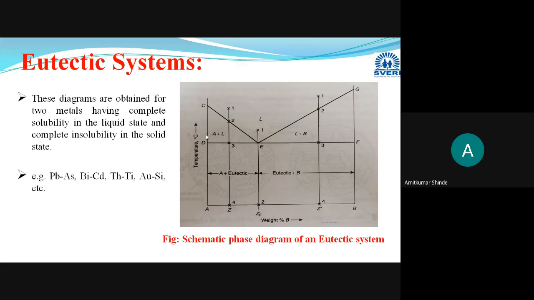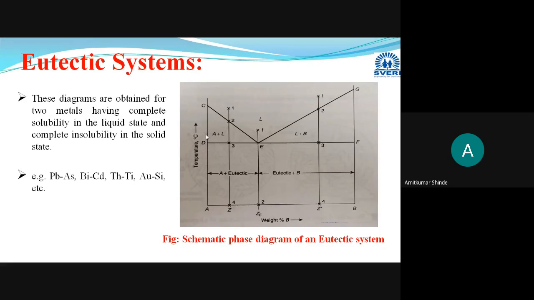Now, this is the general phase diagram for any type of eutectic system. You can consider any example from the 3 to 4 examples which I have mentioned in this slide. Here you can clearly see that whenever the alloy is in the liquid state, only one liquid will be there, that is, both metals are completely soluble in each other.